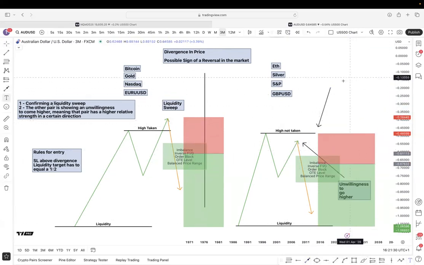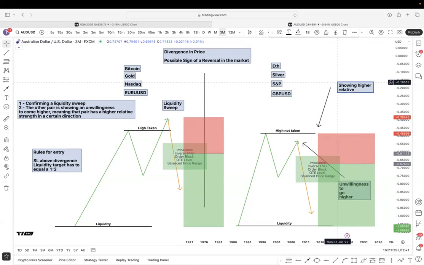Now, the reason this is higher in probability is because this is showing higher relative strength to the downside, which basically means this is going to offer more volatility. How do you spell volatility?